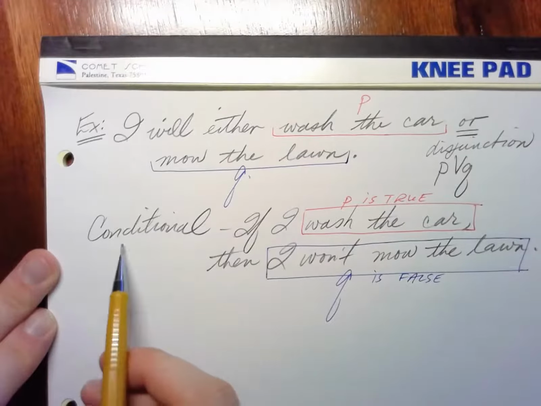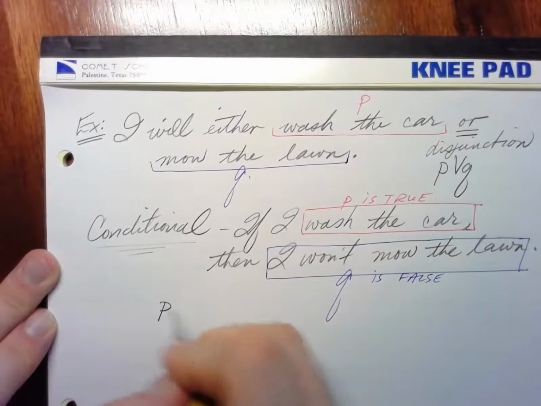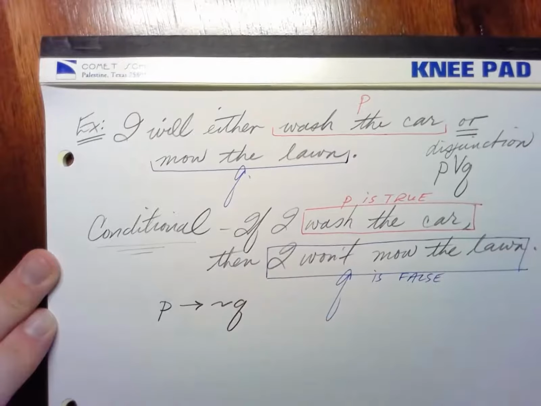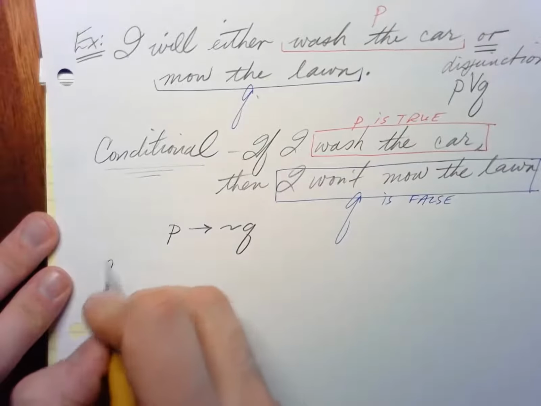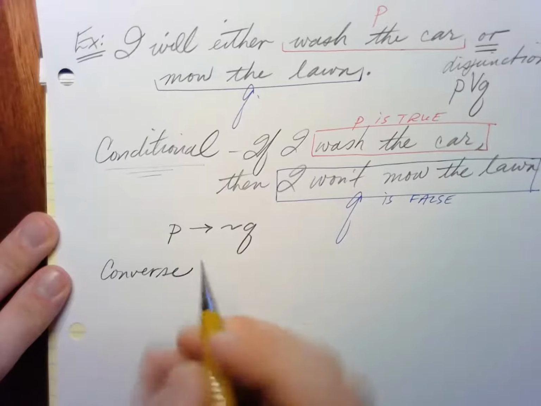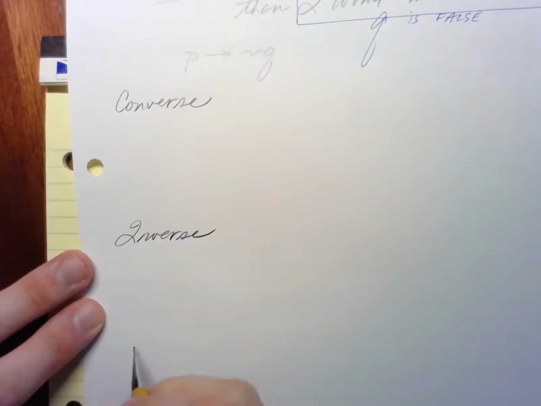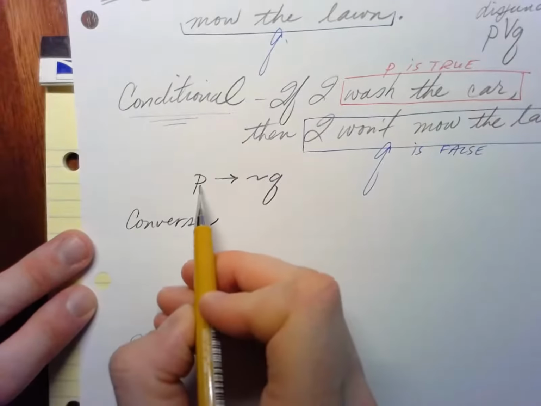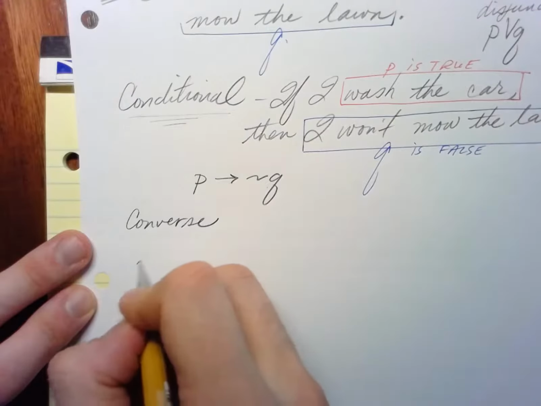So in this case, my original conditional statement is P implies not Q. Isn't that interesting? Which is perfectly fine, because then we can construct the converse, the inverse, and the contrapositive in exactly the same ways. So if P implies not Q is the conditional, then the converse is we just flip it.